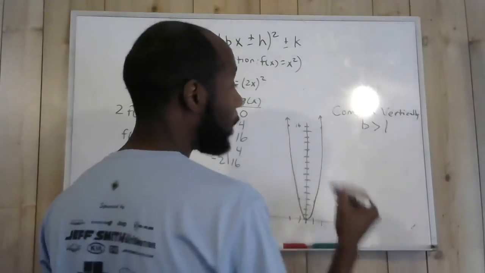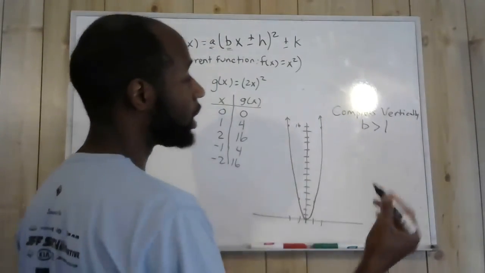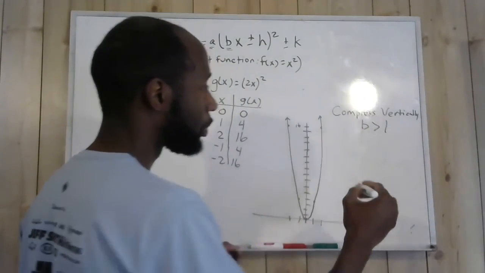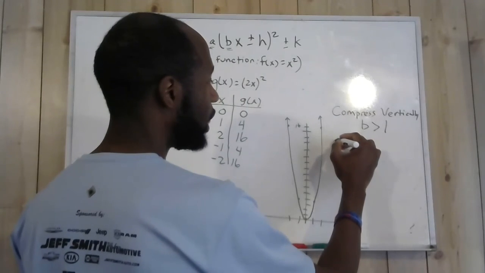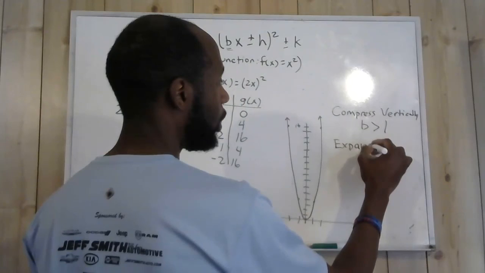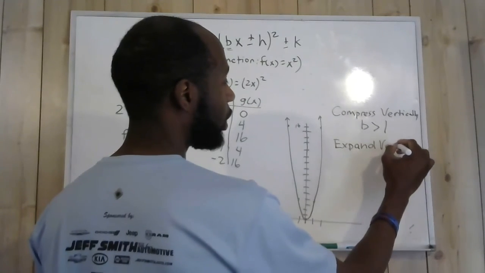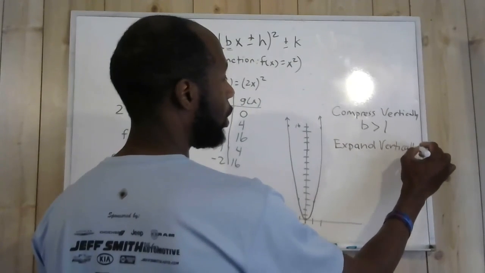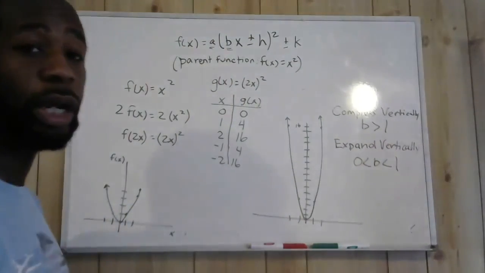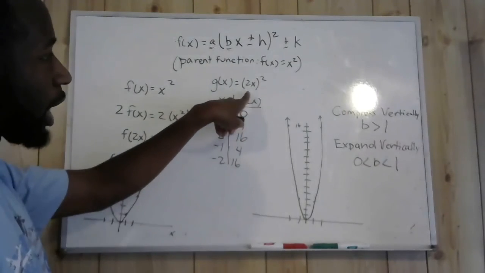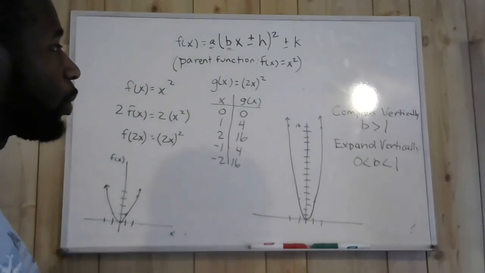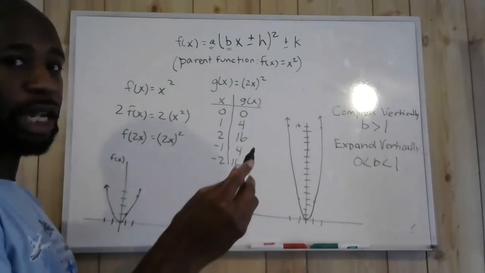I'm not going to demonstrate that here, but you can kind of already see if you go back and look at what we talked about there. If you want to expand it vertically, you can kind of look at that yourself. In other words, just let your B term be equal to like 1/2 or whatever, and you'll be able to see that it actually makes it fatter.